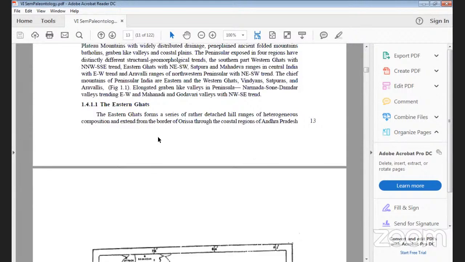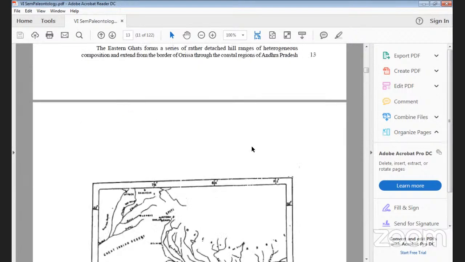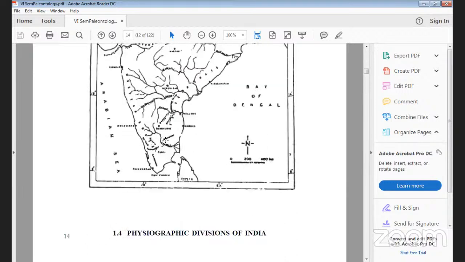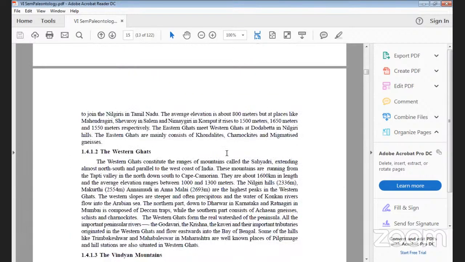Along the Orissa and coastal border of Andhra Pradesh, to the joining of the Nilgiris in Tamil Nadu, the average elevation is about 800 meters, but at some places like Mahendragiri, Shevaroy in Salem, and Niyamgiri near Koraput, it rises to 1500 meters.